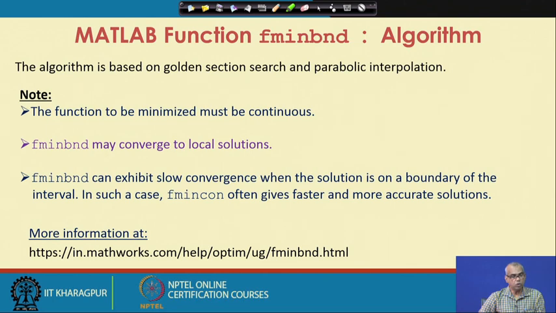Certain points to be noted about fminbnd. The function to be minimized must be continuous. fminbnd may converge to local solutions. fminbnd can exhibit slow convergence when the solution is on a boundary of the interval. In such a case, fmincon often gives faster and more accurate solutions.